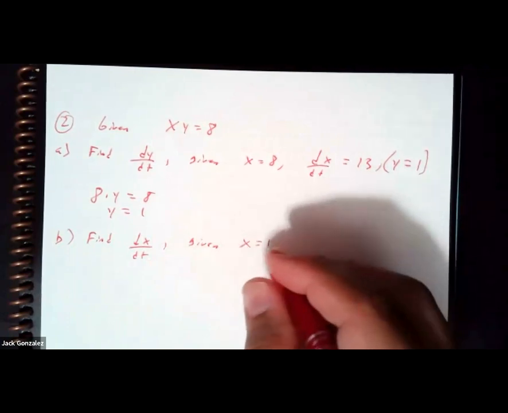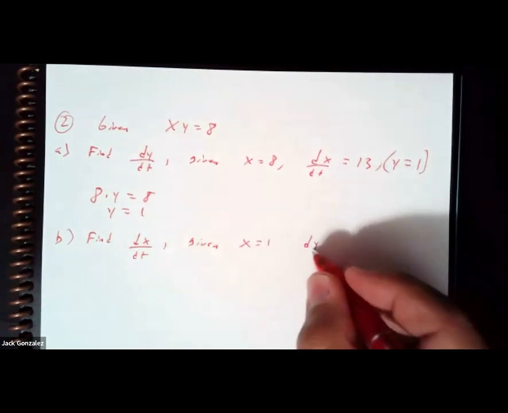Part B, they give you the x, and they give you dy/dt.